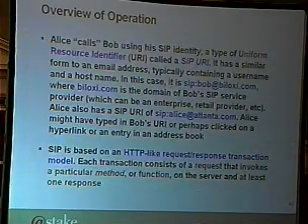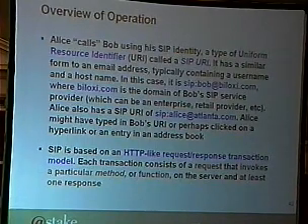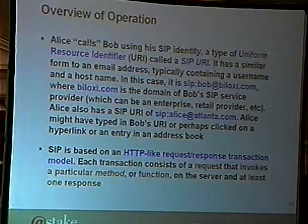Now, SIP is much like HTTP, and some characteristics are even taken from SMTP. Not saying that it's a good thing, but at least it will be easier to understand for some people. Alice calls Bob using his SIP identity, which is called a SIP URI. In our case, it's this thing.